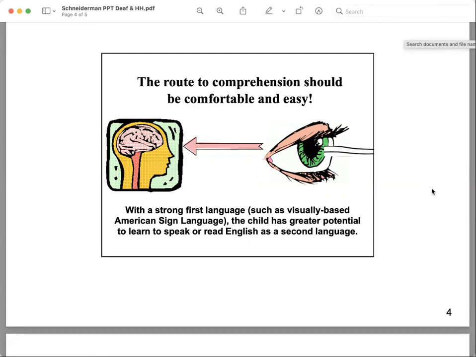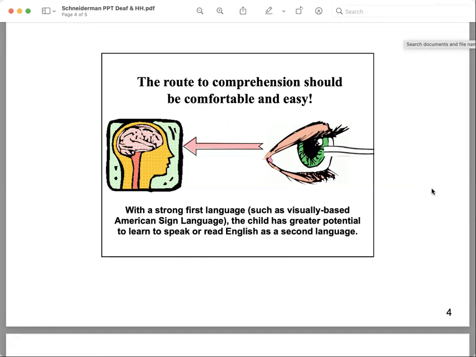One of the other reasons we have to consider is the way sign language is used in this country. American Sign Language establishes normal cognition and normal language.